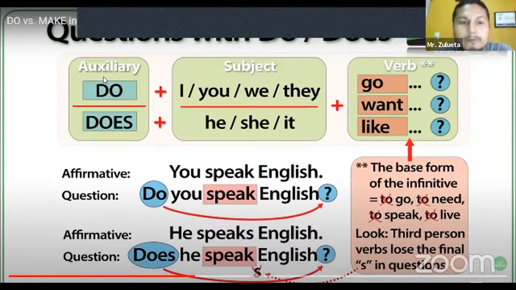But just remember, do you play baseball? Okay, we understand the specific job of do in this context, which is a question. And if I say, don't play baseball or do not play baseball, this is a negative statement, okay? What's important about today's lesson is the positive statement, okay?